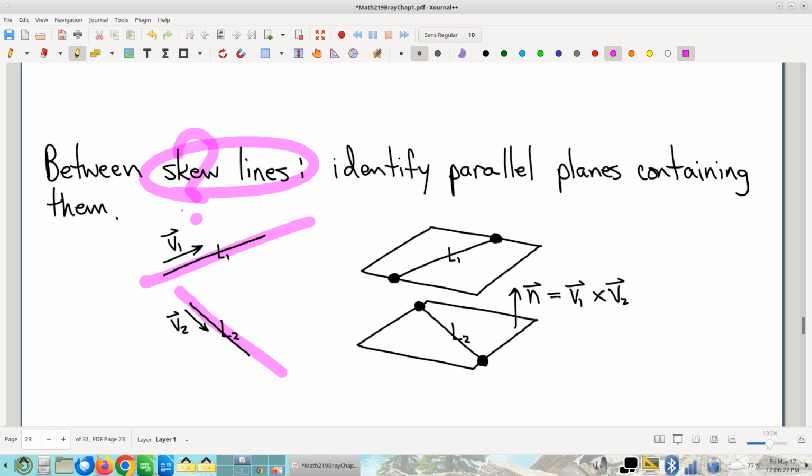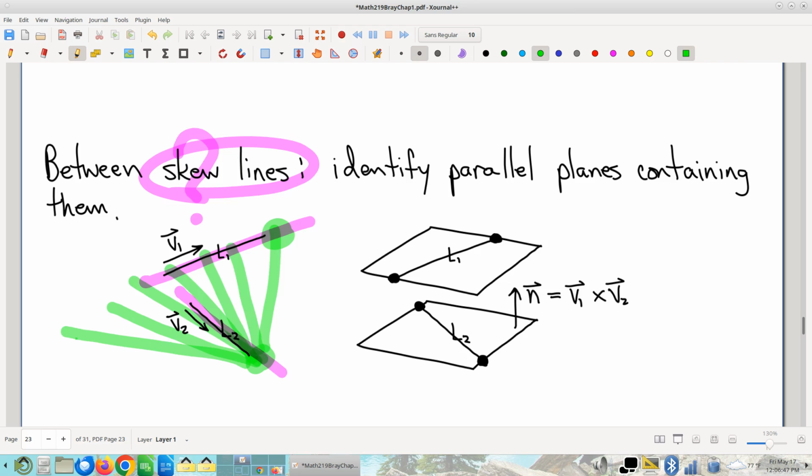Okay. All right. So, oh golly, this is a tough one in the sense that, first of all, how do we even define the distance between two skew lines? Do I just pick a point here and a point there and is that the distance? Well, no, because there's a bunch of lines from that point to the other line, and surely I want the shortest one, right?